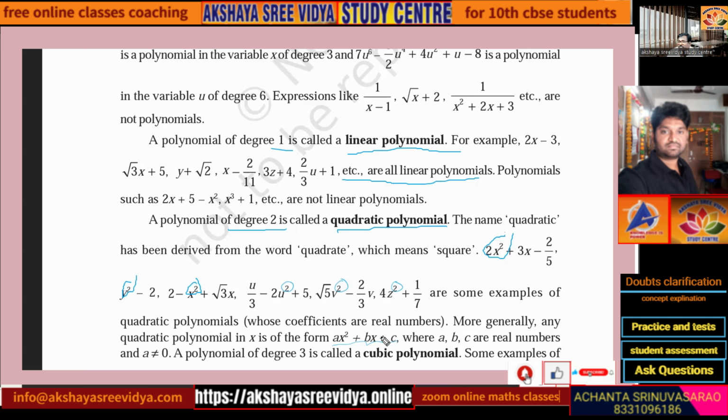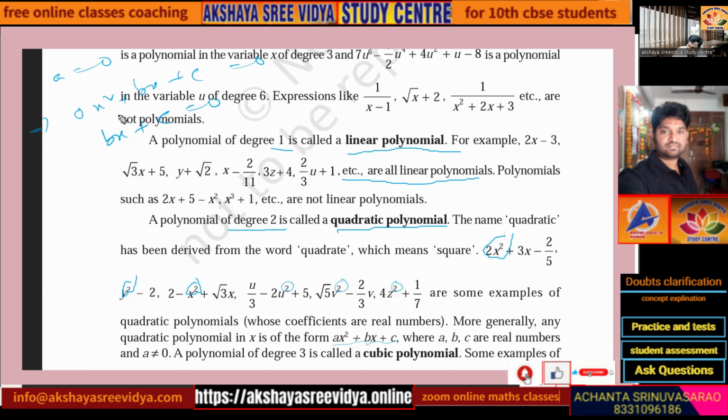Because, suppose a is equal to 0, then ax square plus bx plus c becomes 0 into x square plus bx plus c, which is 0x, so it is bx plus c.